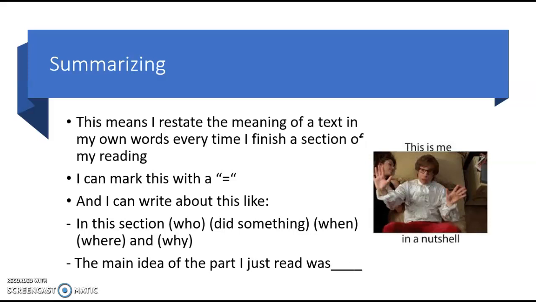Another example would be to write, the main idea of the part I just read was blank. A lot of times people summarize at the end of sections or chapters, but feel free to summarize whenever you feel it's necessary. Try to keep your summary to a couple sentences in length.